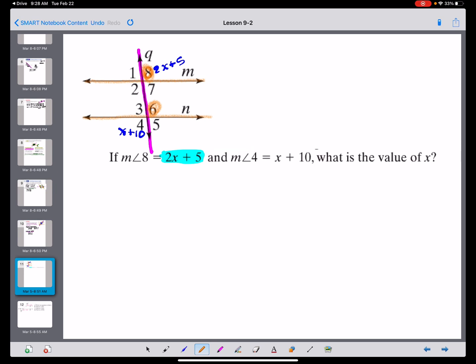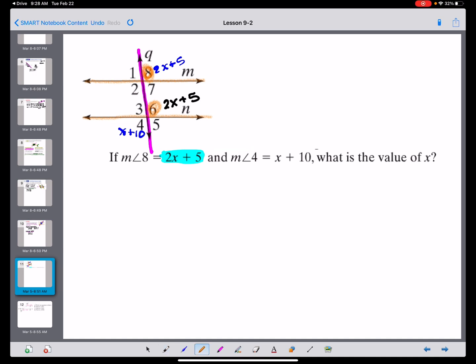How do I know that? I know that because they are not complementary, good grief. They are corresponding angles, so they have the same measure. Measure of angle 6 is also 2x plus 5. They are both to the right of the transversal and above their orange line.